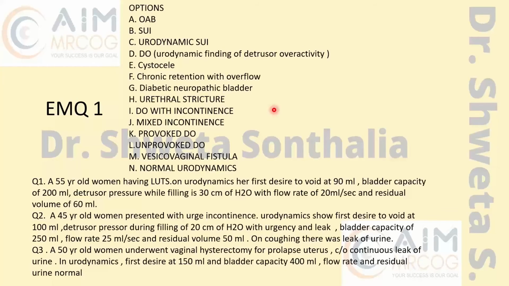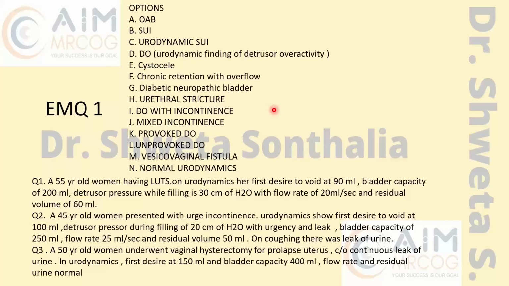So what do you think? There was incontinence. Urodynamics show first desire to void at 100. This is less. It should be 150 or more. Detrusor pressure during filling 20 centimeters. It should be less than 15. So it's more pressure, so might be detrusor overactivity, with urgency and leak.